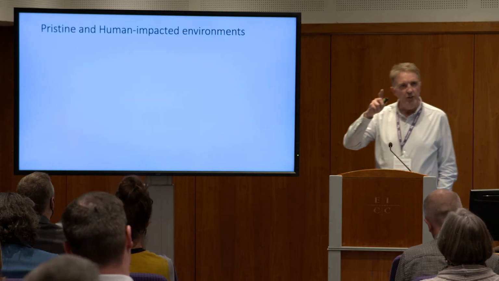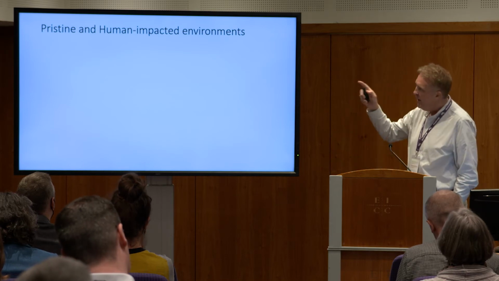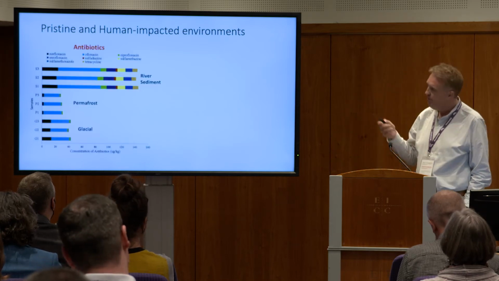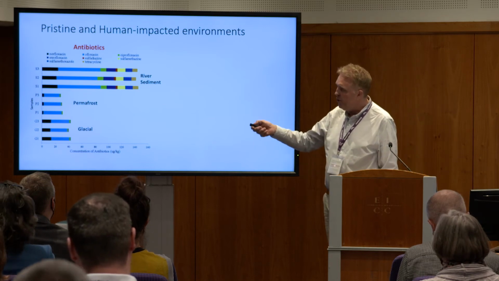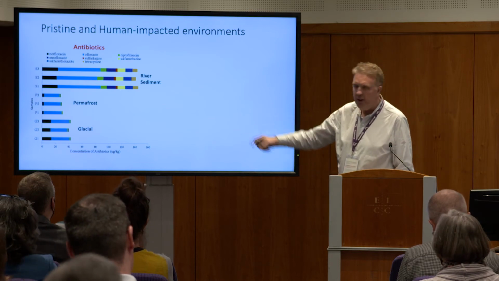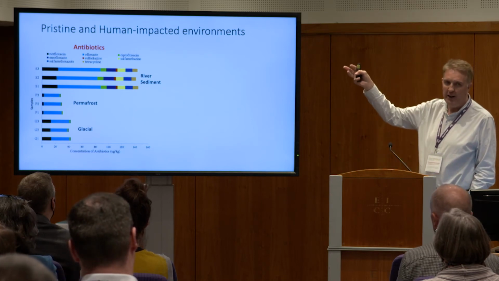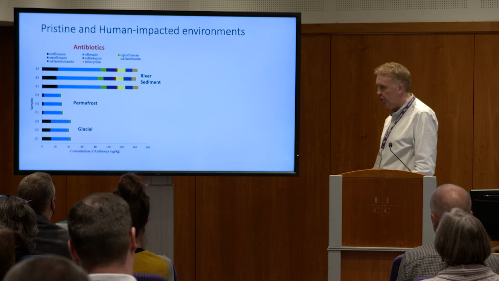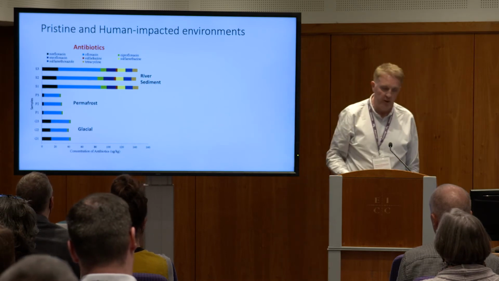However, there is a difference between pristine, non-human impacted environments and human impacted environments. For antibiotics, and this is another study, they looked at permafrost and also glacial soil, and they looked for, this time, antibiotics, not antibiotic-resistant bacteria, and they found them. So antibiotics also in the environment.